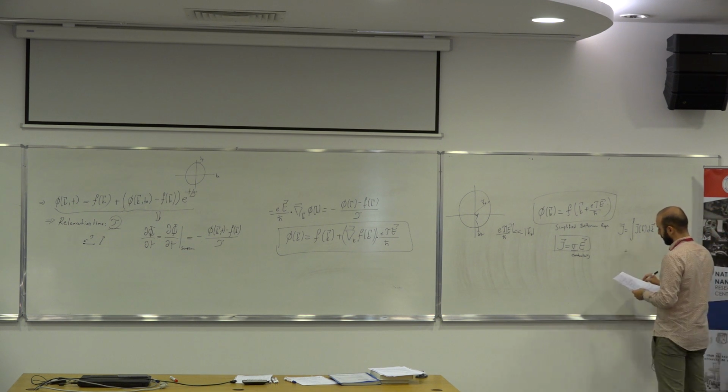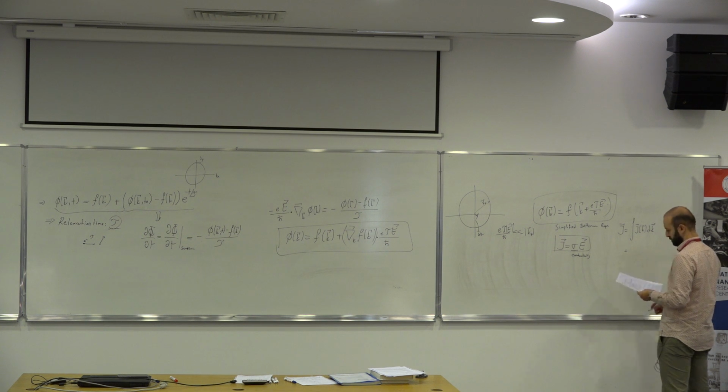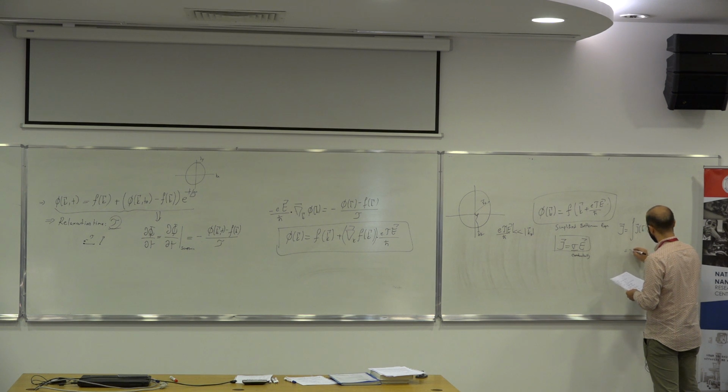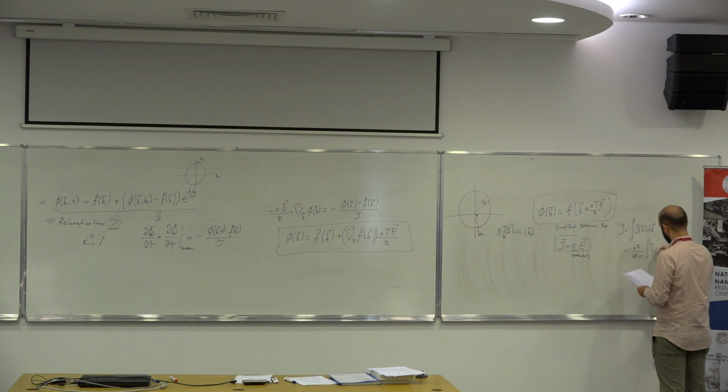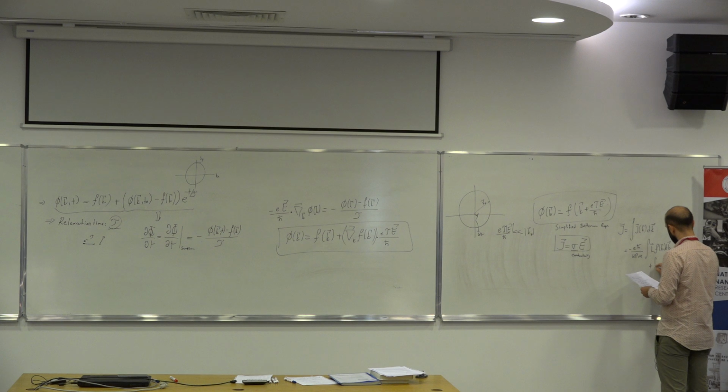And I'm not sure if I should write this down. What you need to do is basically, let me write down the first few lines of the solution. So this is what we get. I have k, then my Fermi distribution, dk, plus k, f_k, again there's a dot here, tau E over h bar, dk, okay.